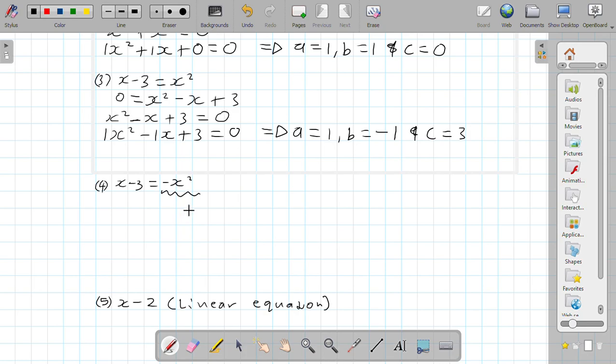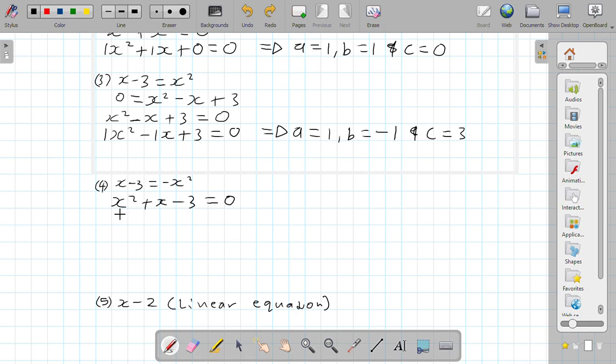So for this negative x squared, we're simply going to transpose that, meaning we take it to the left hand side of our equation. So doing so is going to change the sign, therefore we're going to be having x squared plus x minus 3 is equals to 0, because after moving this to the left, we are left with nothing on the right hand side, and nothing is the same as 0 mathematically.